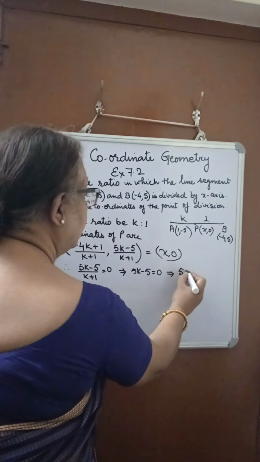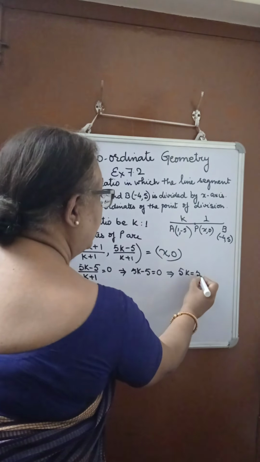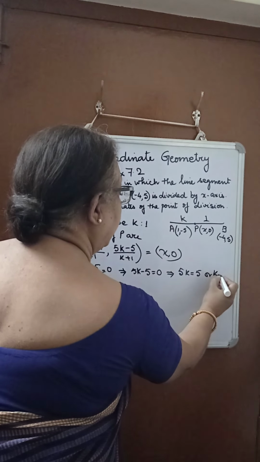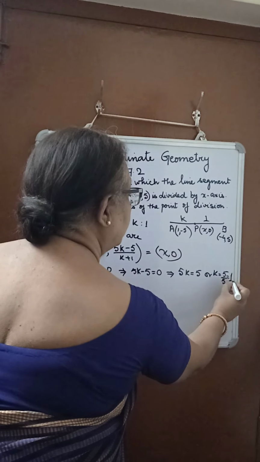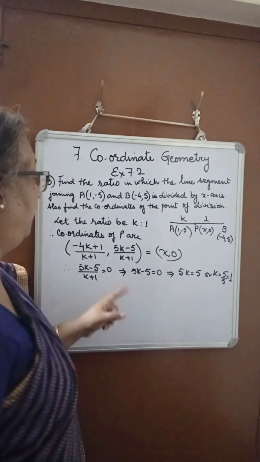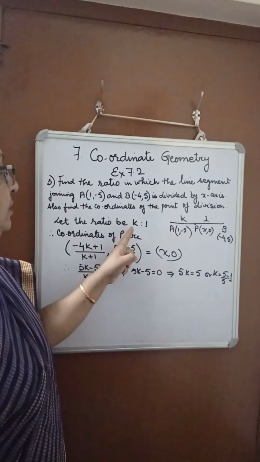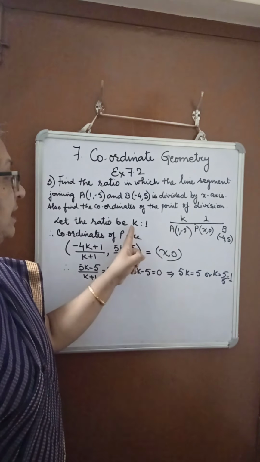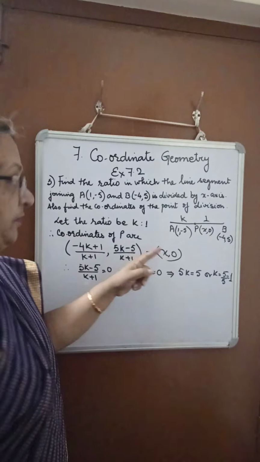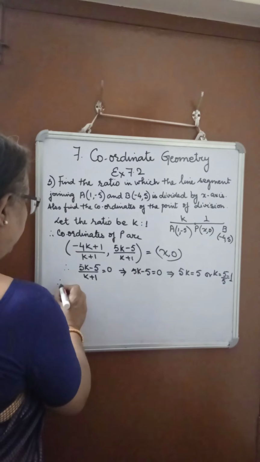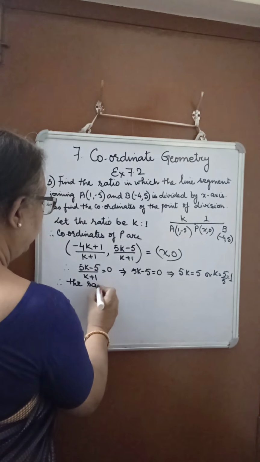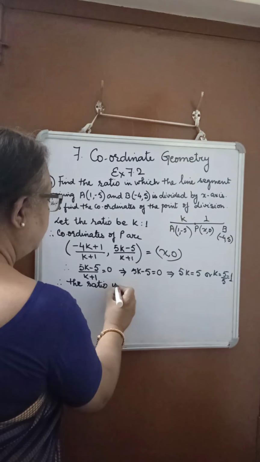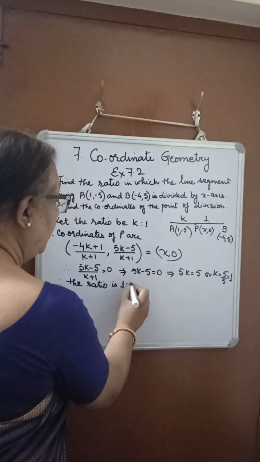This implies 5k is equal to 5, or k is equal to 5 by 5, that is equal to 1. So we got the ratio, k is to 1, that is 1 is to 1. Therefore the ratio is 1 is to 1.